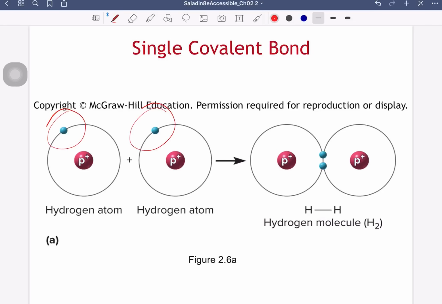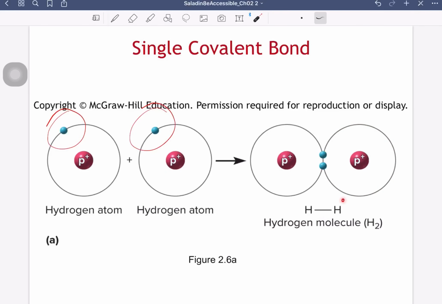So they don't give and accept the electrons back and forth. They basically share them. At any given moment, this atom can look at itself and go, oh, I got 1, I got 2, I'm good to go. And this atom will also go, hey, I got 1, I got 2, I'm good to go. So that is a covalent bond.